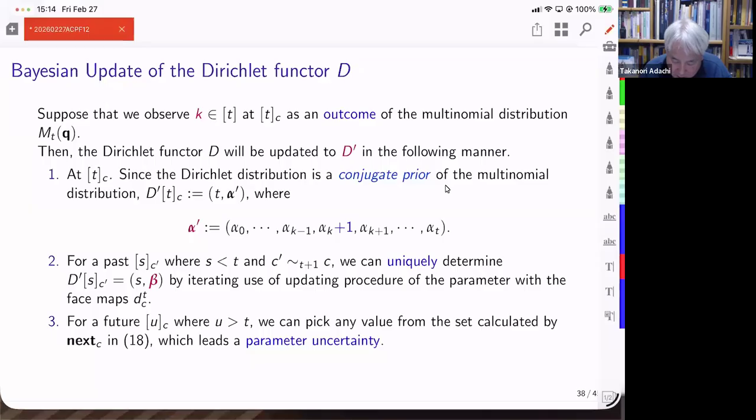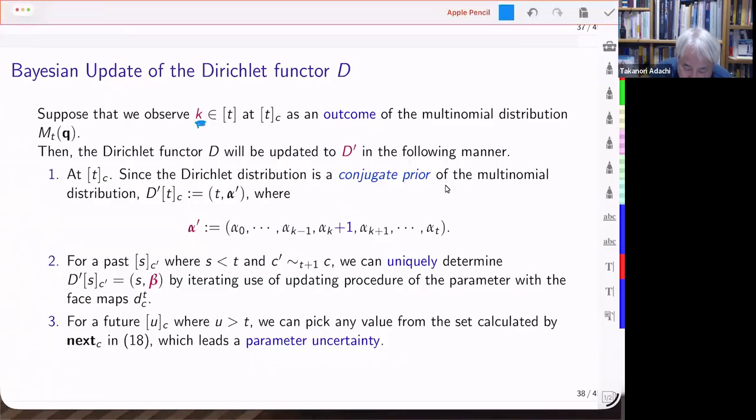I won't go into the detail, but we can think about this update. If we observe something, k, at time t in the context c, then this is the outcome. Then we update the parameter of the Dirichlet distribution. We can update because the Dirichlet distribution is a conjugate prior.